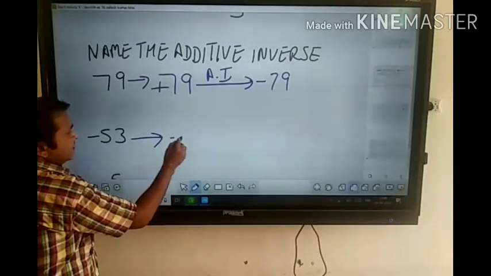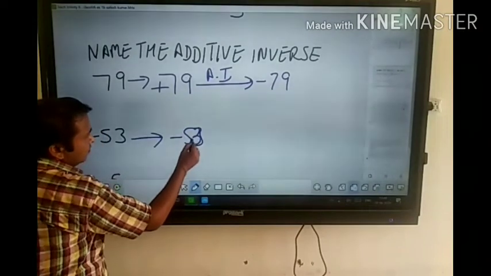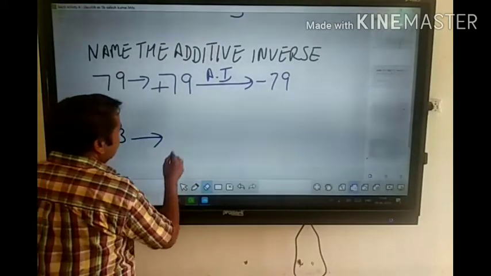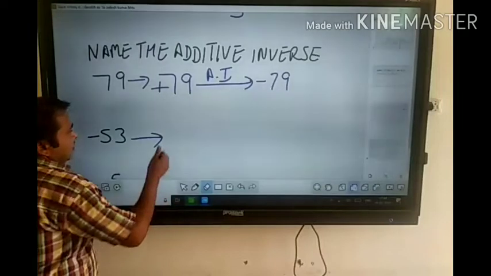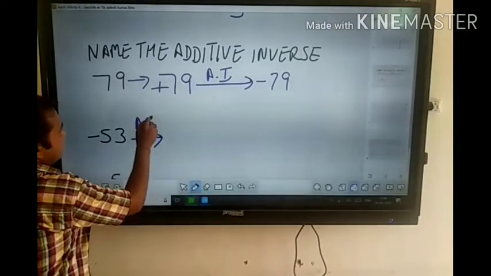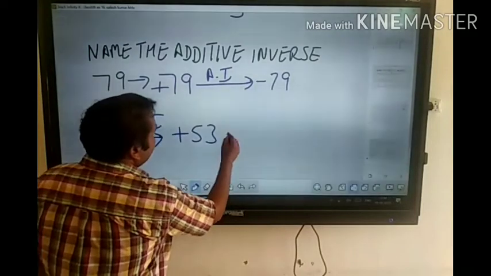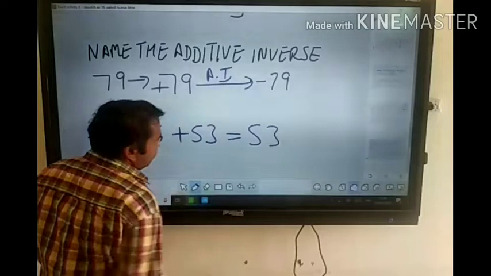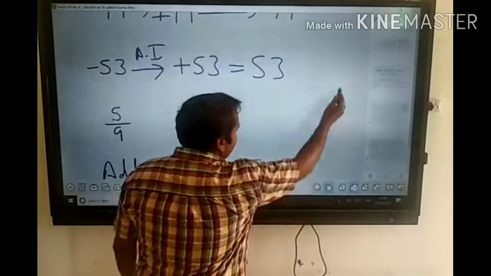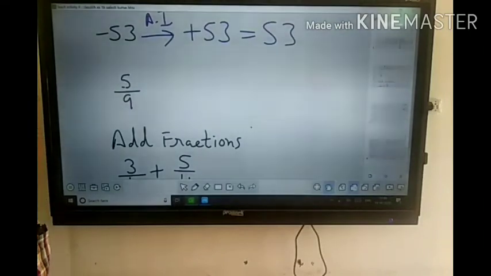It means this is minus 53, therefore its additive inverse will be plus 53 or 53. Now this is a fraction and I have to find the additive inverse of this one.